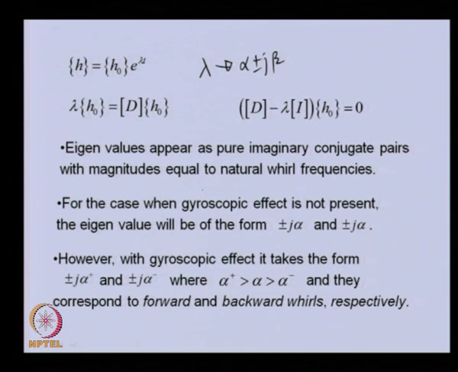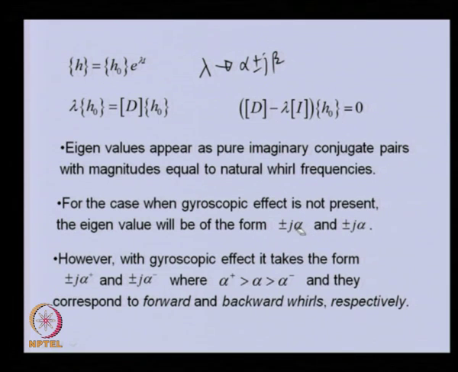In case we don't have the gyroscopic couple, we will get two pairs of the same complex eigenvalues. Their magnitudes will be the same if we are not considering the gyroscopic couple. But if we consider the gyroscopic couple, what will happen among these two?